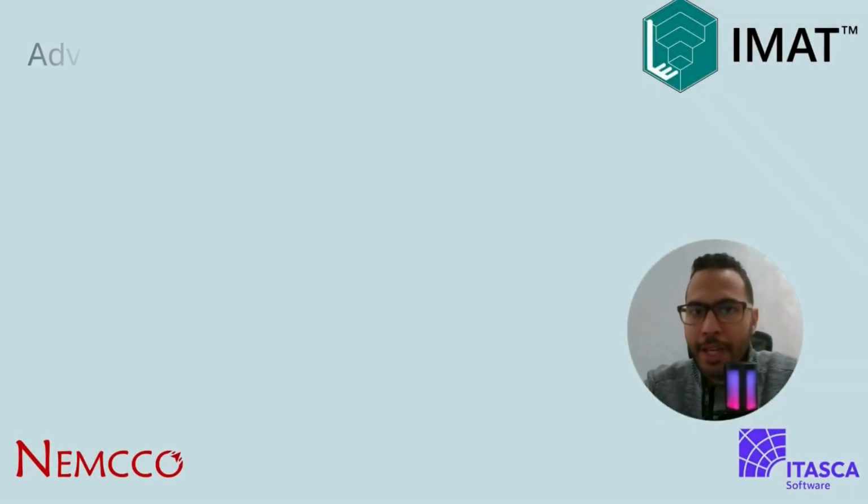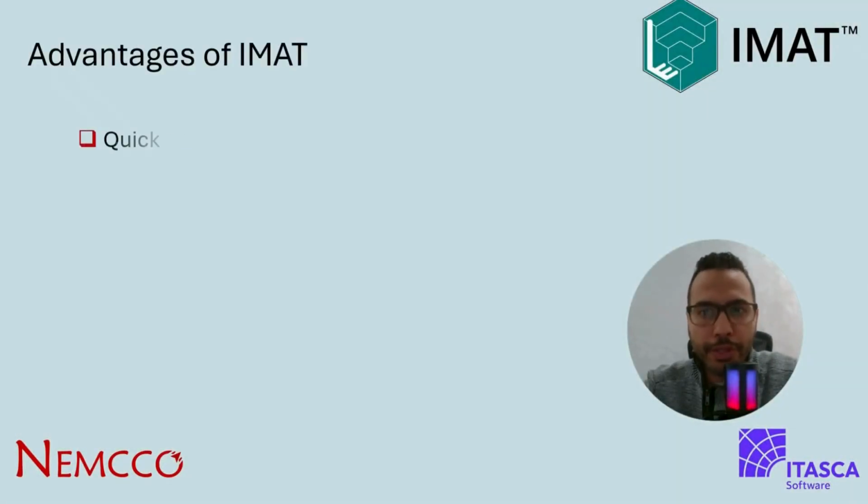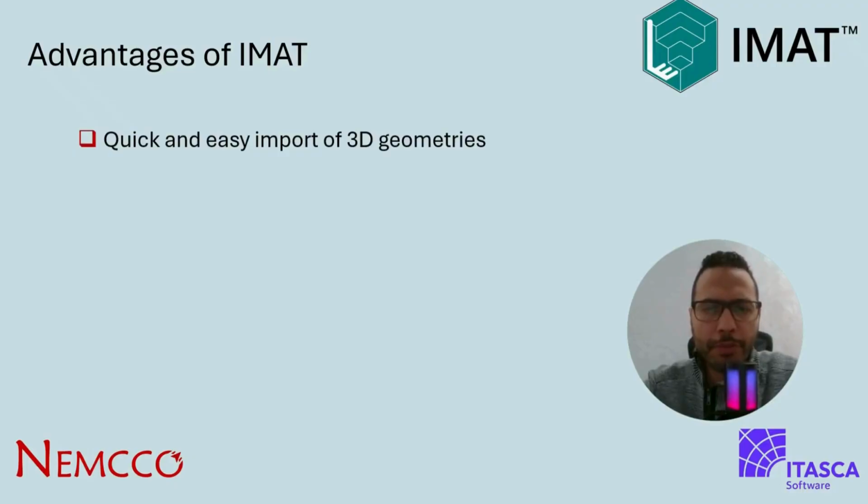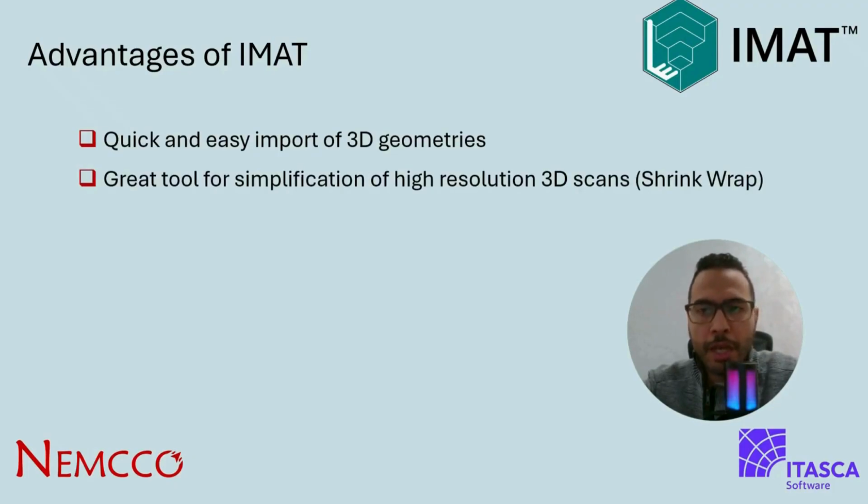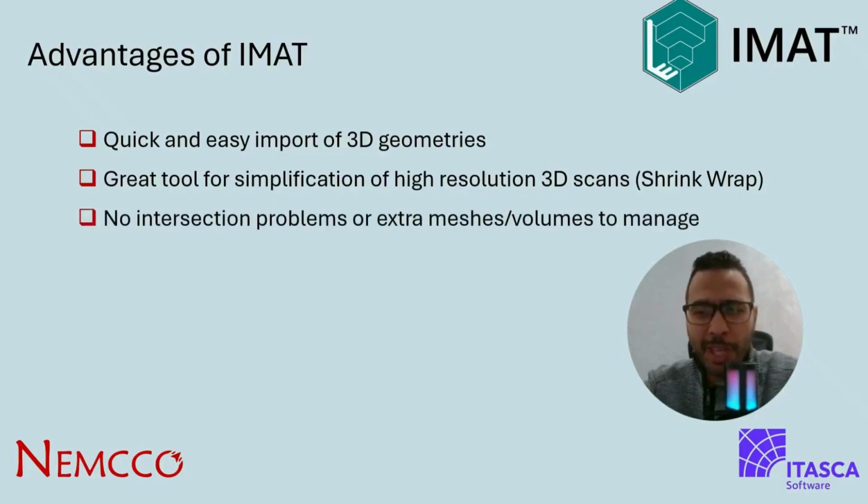I mean, the advantages are so numerous. Quick import of 3D geometries, great tool for simplification. When we have complex geometries like very high resolution structures or pit, or even CMS for underground, we can simplify them. No intersection problems or creation of extra volumes that we need to manage. Very streamlined process.